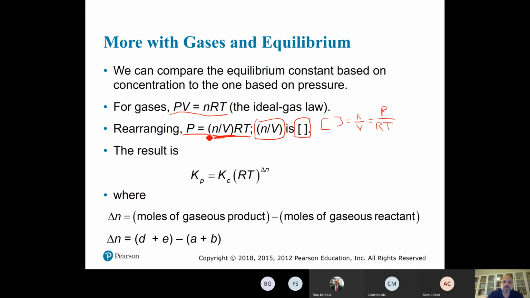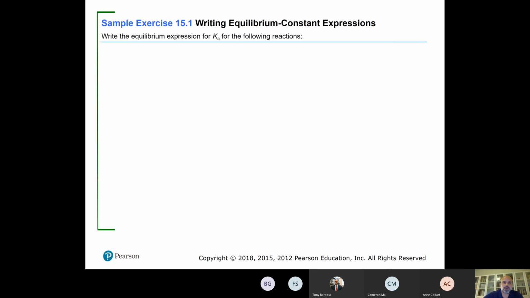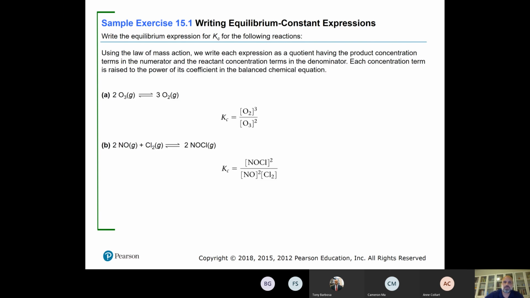All I did was rearrange the first equation, so I solved for n over V, the concentration. If I then go back and plug our concentrations in terms of pressure into the Kc equation, all right, let me do that.